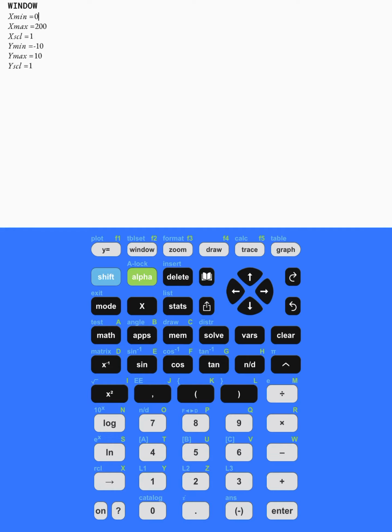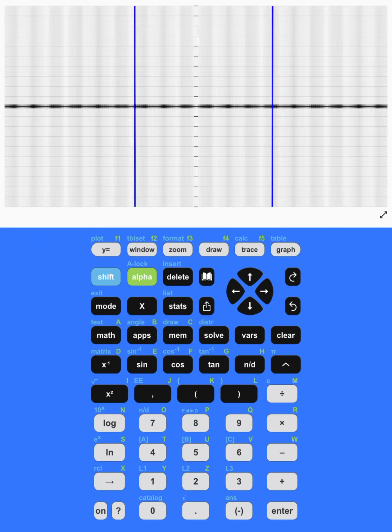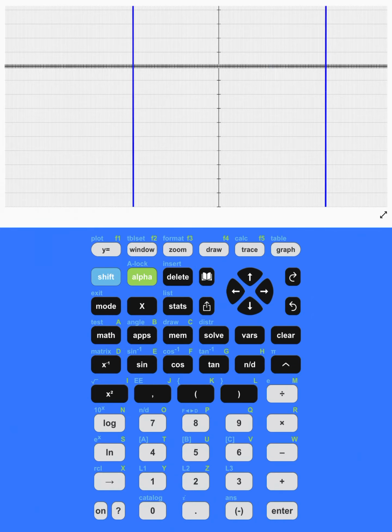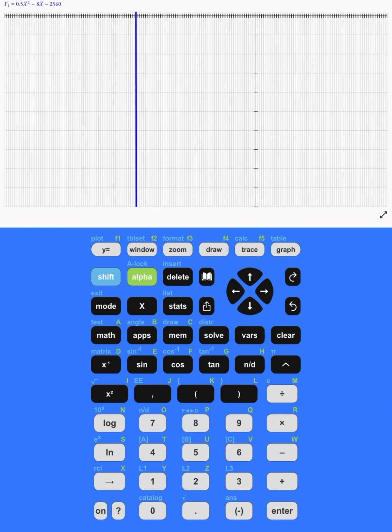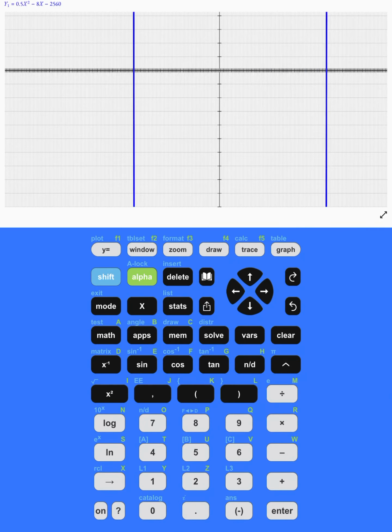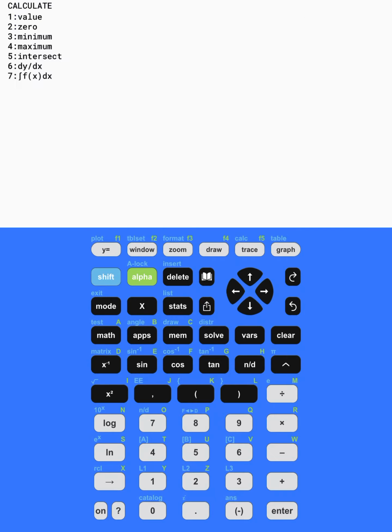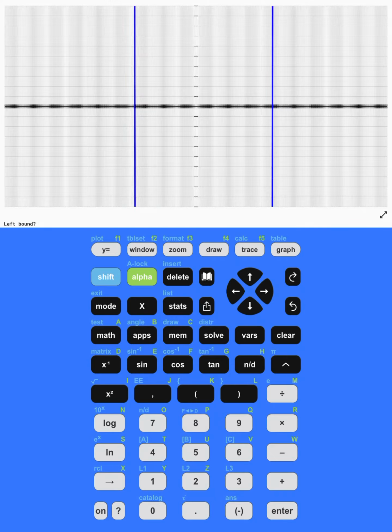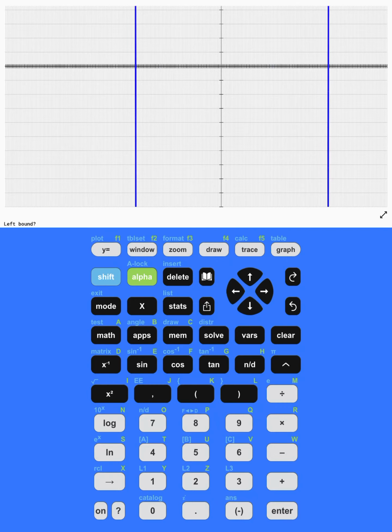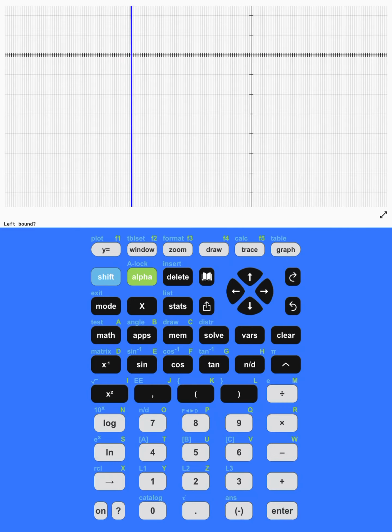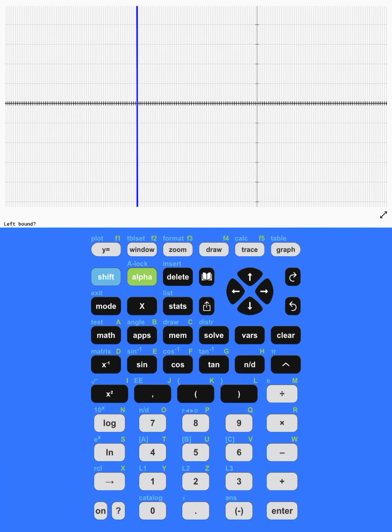Okay, so there's one. Now I do want to maybe go to the other side just to see if there's another x-intercept. So yeah, we can ignore this one right here. I'm going to go trace and see if I can touch this.